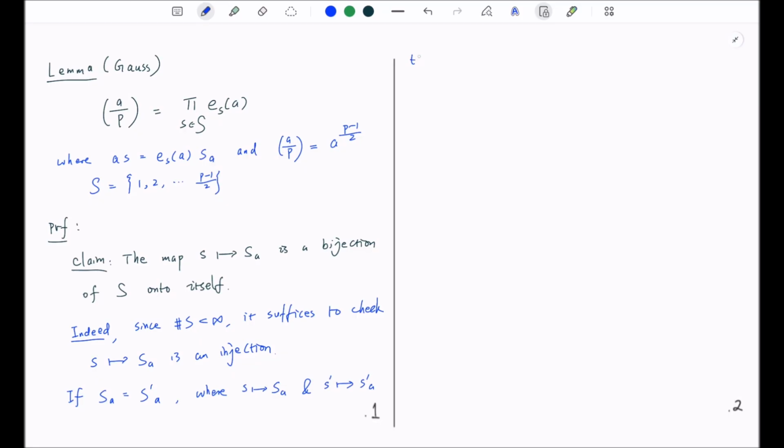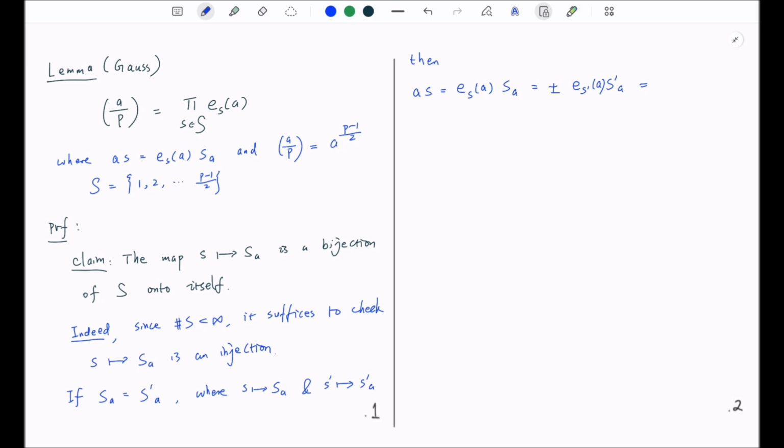then we have A times S equal to E sub S of A times S sub A. S sub A is equal to S prime sub A. And if we write E sub S prime of A in the front, then we know these two products may or may not be equal, but they only differ by a plus minus sign.